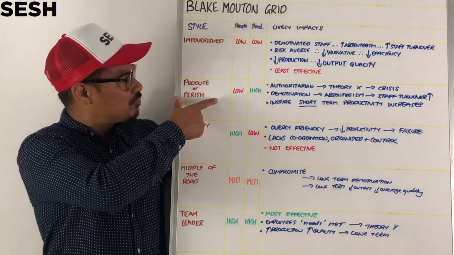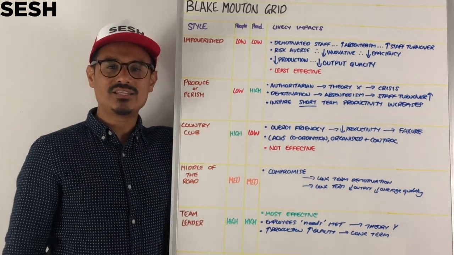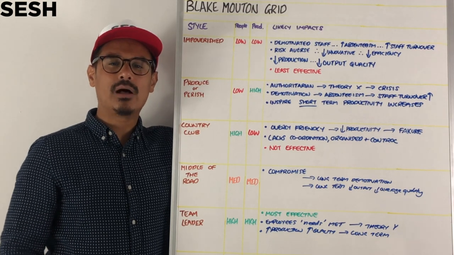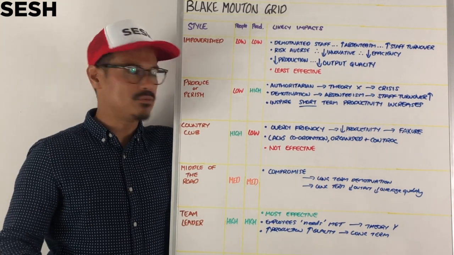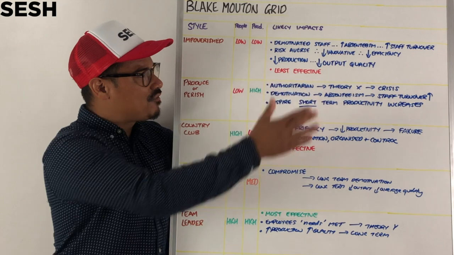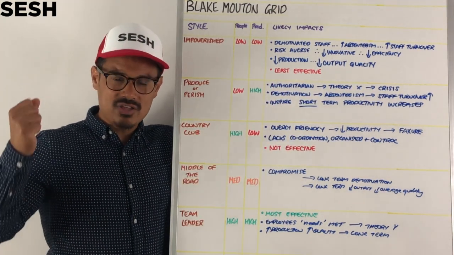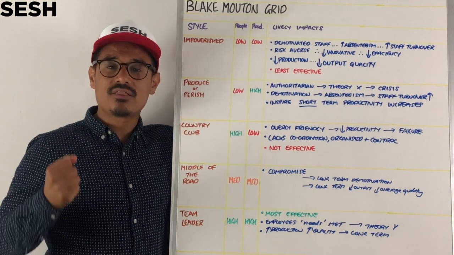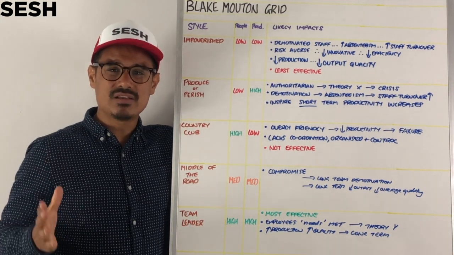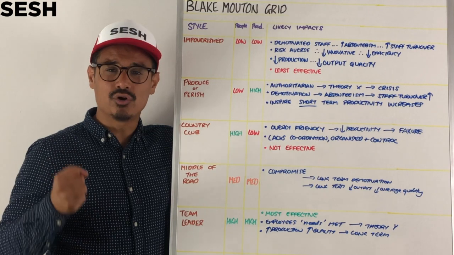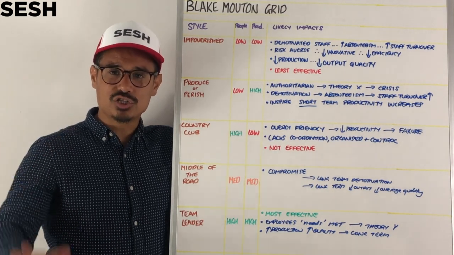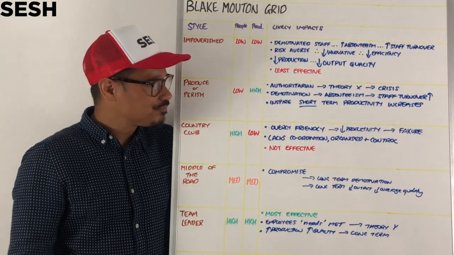Now, the next is produce or perish. This is when you have high concern for tasks, but not much concern for your people, for your workers. It's seen as being an authoritarian style. It's closely related to McGregor's theory X and the idea that you think that your workers are simply demotivated and you need to keep them on a rigid structure in terms of keeping them working.